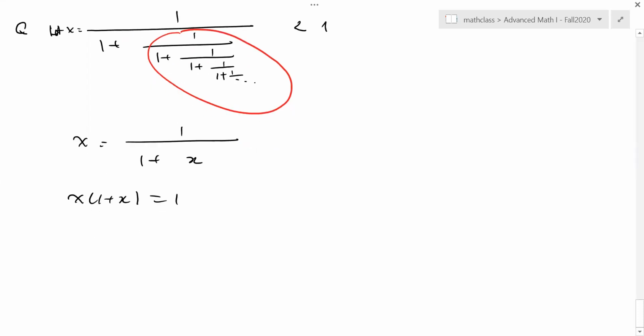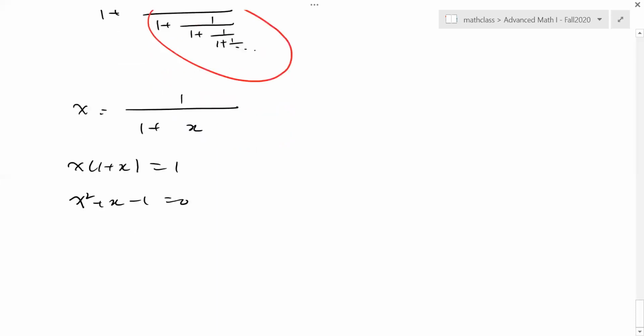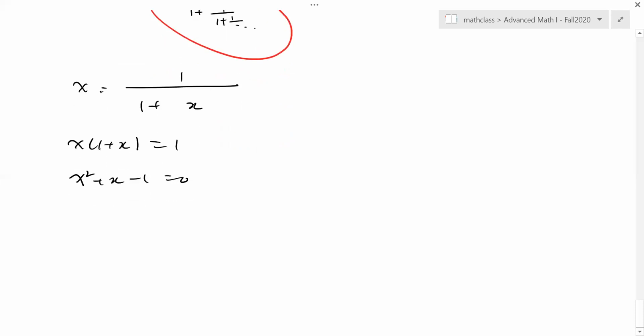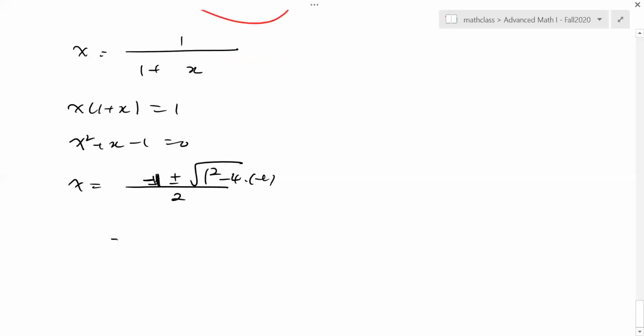And how do we solve this equation? It's a quadratic equation, right? x squared plus x minus 1 equals 0. x is going to be negative 1 plus minus the square root of 1 squared minus 4ac, so I get negative 1 plus square root of 5 divided by 2.